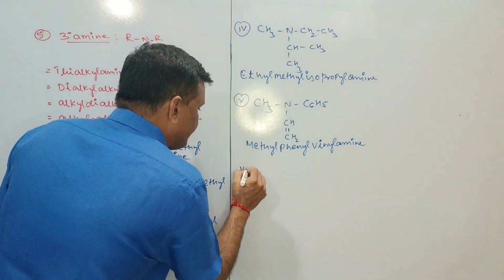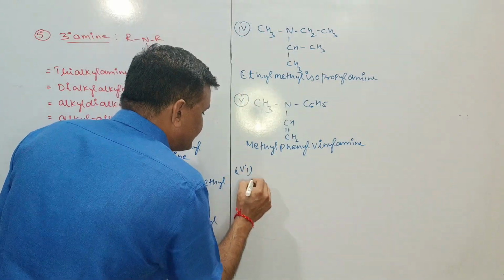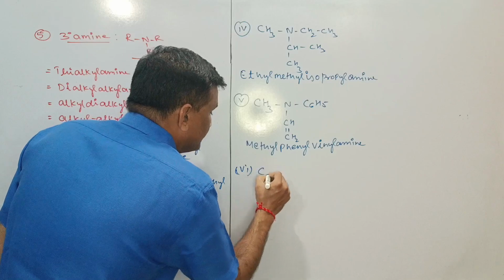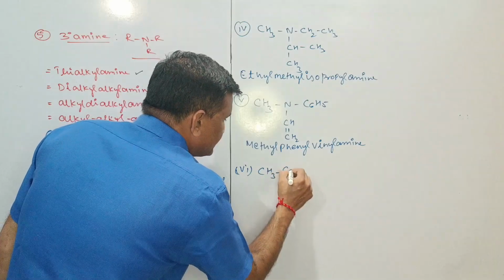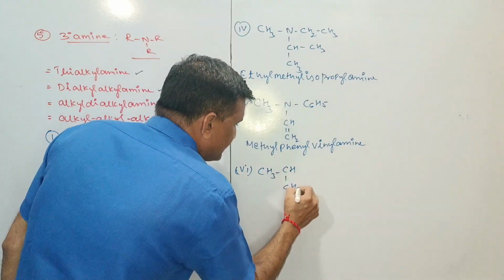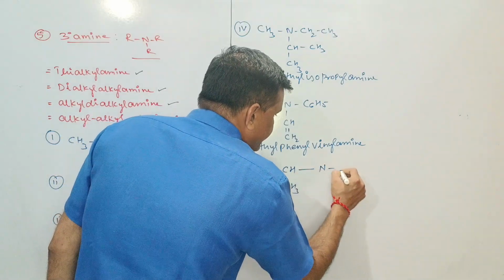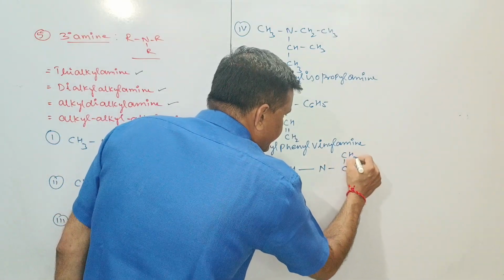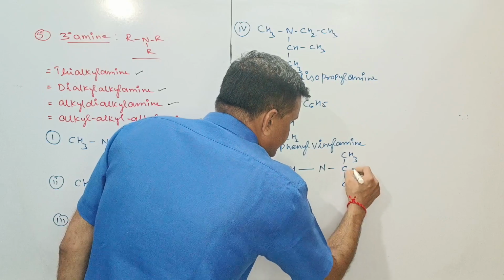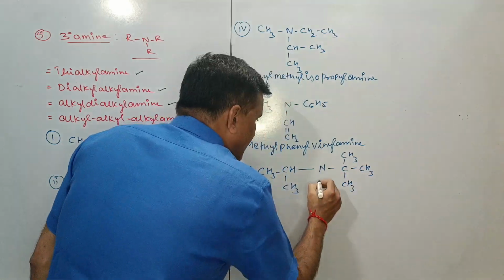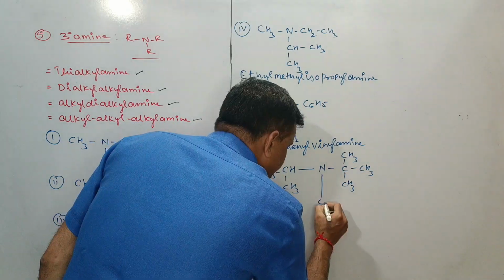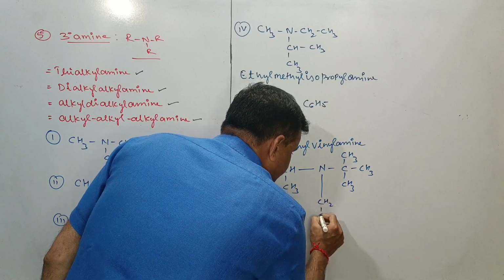If we go with a further example, then we can take as follows. This is your CH3, CH3, this is the N. This is the CH3, CH3 and CH3, and this is your CH2 and CH3.